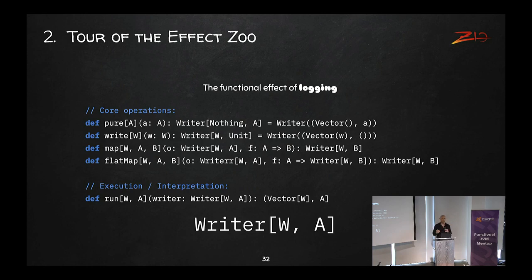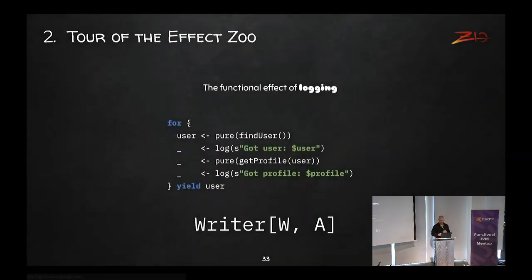That gives you the log and then the value that the Writer data type succeeded with. Because it has map and flatMap like the other ones, you can use this inside for comprehensions. And you can interleave, for example, success values with log statements, and you end up accumulating those log statements, in this case strings, inside the vector that you get when you run that functional effect.